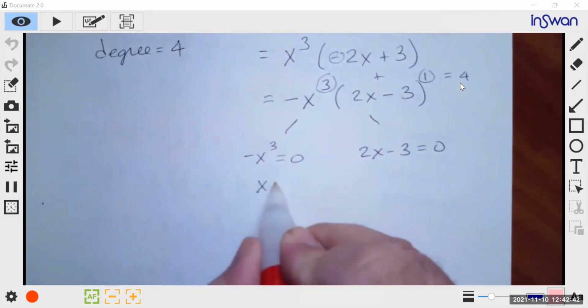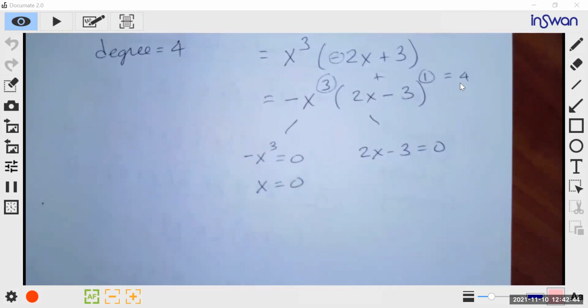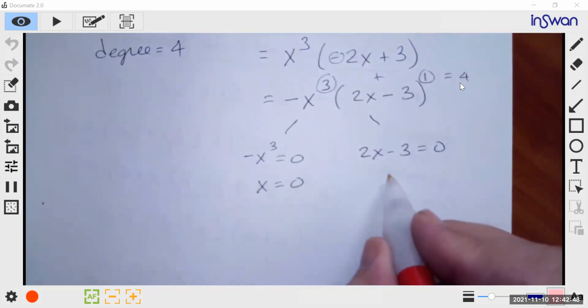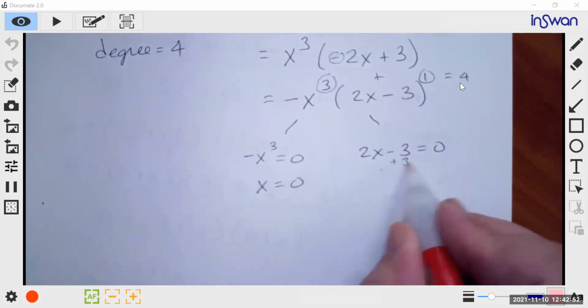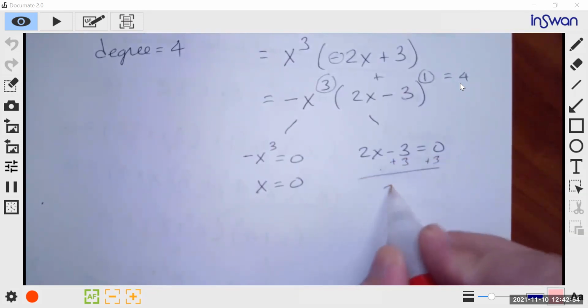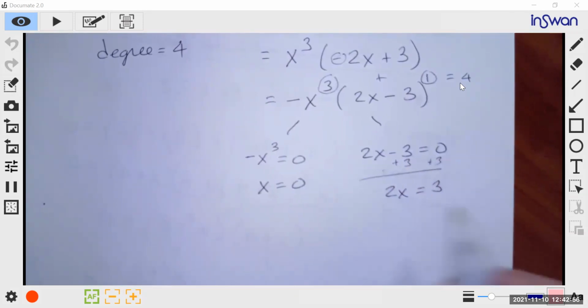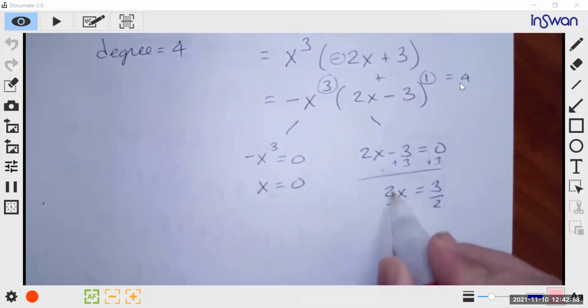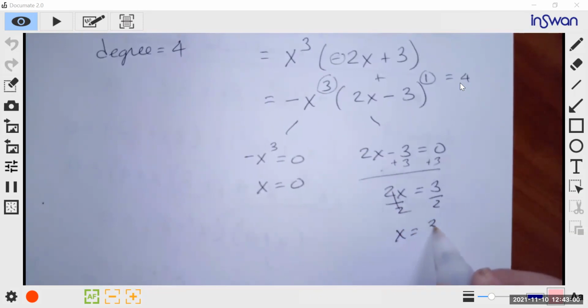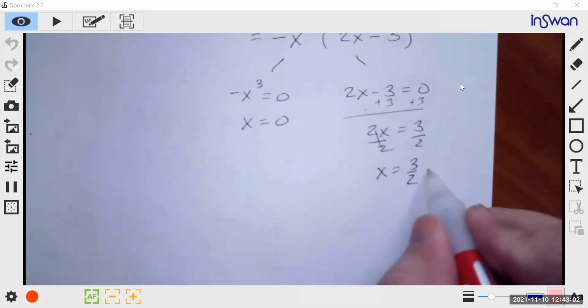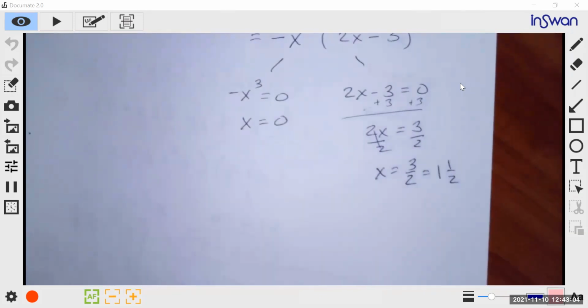So this one, since it's a constant, a single term, makes it 0. This one, you have to add 3 to both sides. 2x equals 3 and divide by 2. So x equals 3 over 2 or 1 1/2.